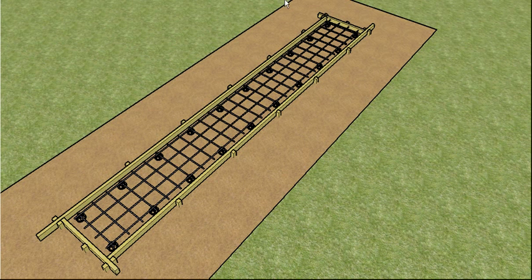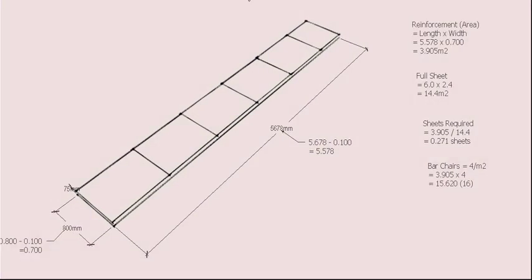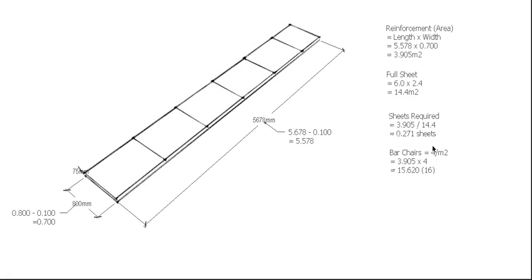What it works out to on a big slab is 4 bar chairs in every square metre of slab. So if we go 3.905 times 4, it gives us 15.62, so there's 16 bar chairs.